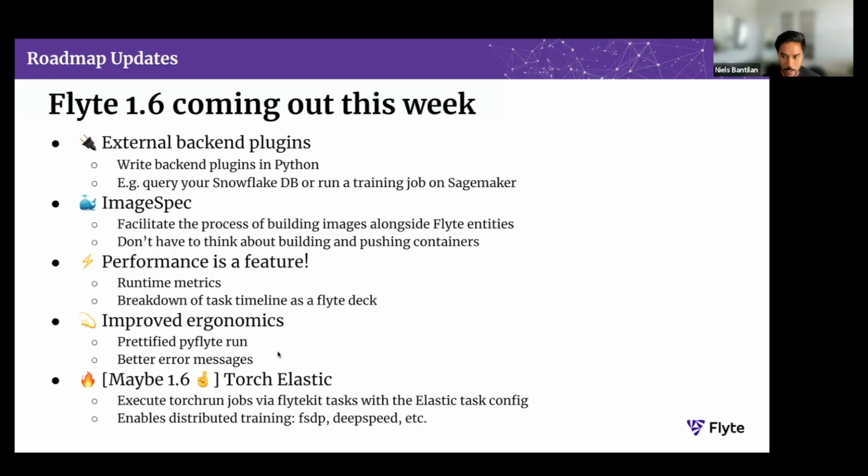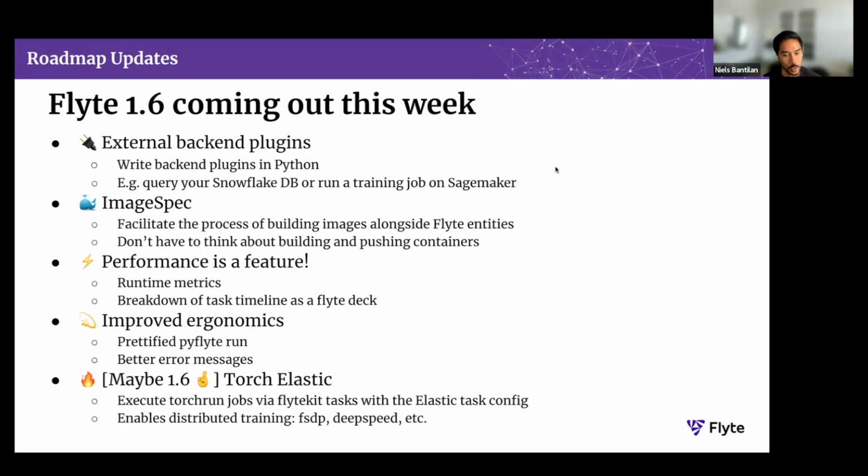Last but not least, this is a maybe 1.6 thing. We're very close, so we'll probably get there, but we have a Torch Elastic plugin. This will be part of the existing Flytekit plugins, KF PyTorch plugin, I believe. This allows you to run torchrun, which is typically run on a command line, straight from your task config.